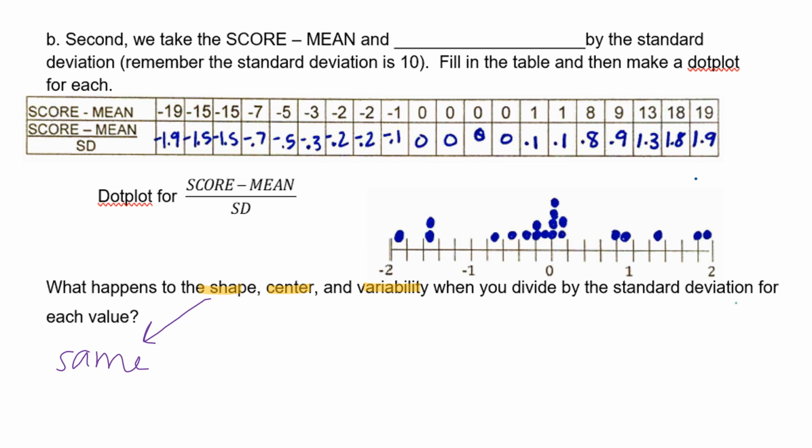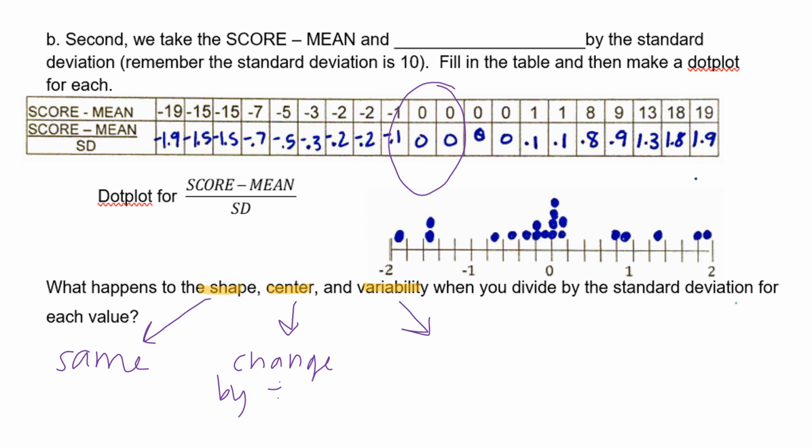The center is going to change again. The center is going to change by whatever you are dividing or multiplying by. This one's a little bit weird to see that though, because our center was 0, and whenever you do 0 divided by a number, it's just going to be 0. So that's a little bit hard to see in this problem here, but essentially that's what we did.